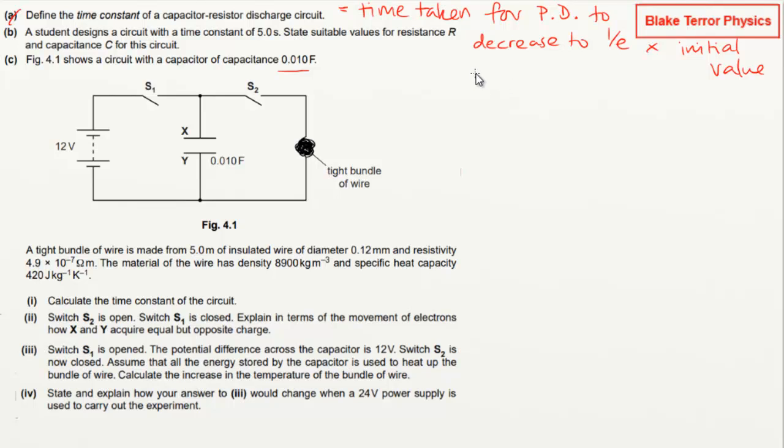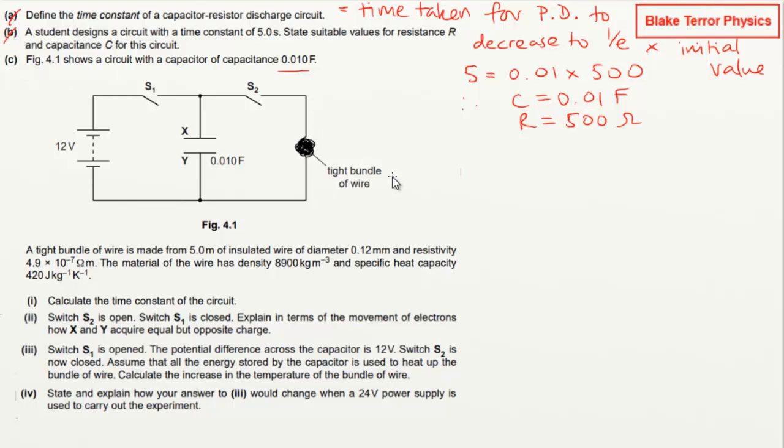So 5 is equal to 0.01 multiplied by 500. That would come out to what we want. So we could have C equal to 0.01 farads, R equal to 500 ohms, and we're just using the value that they've got here in part C.